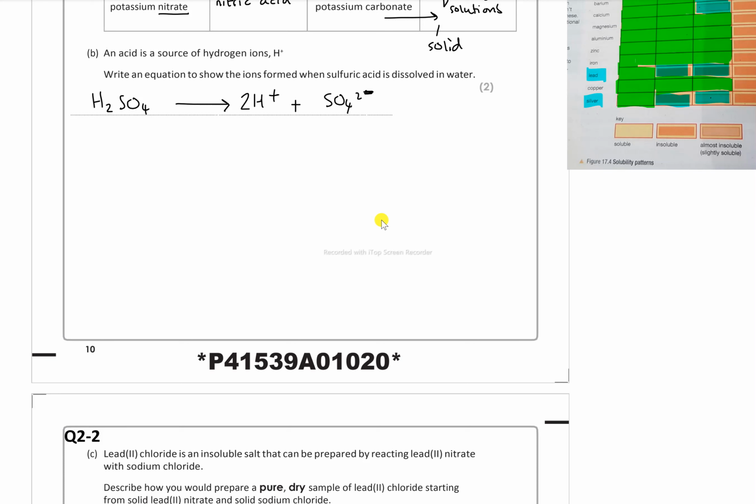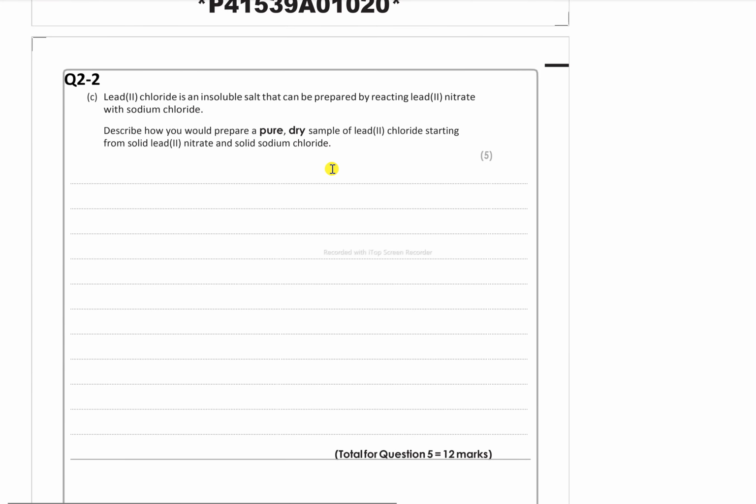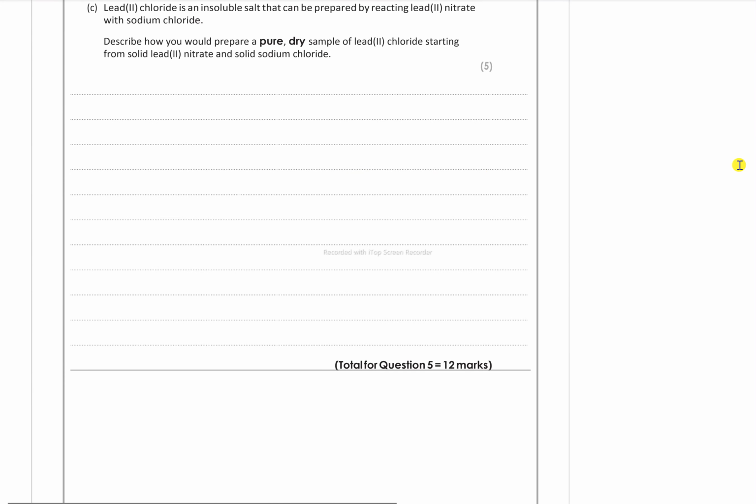So the charges balance: you've got two pluses and one set of two minuses, so they balance out. That's it. There's nothing else that they want from that, which is fair enough.